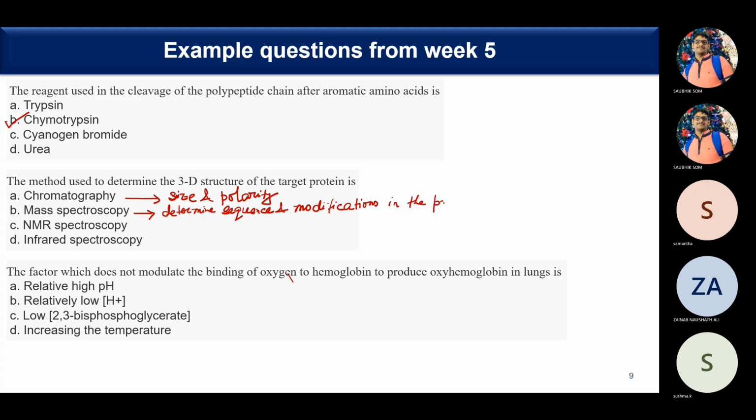As you know, many proteins have a tendency to be phosphorylated, methylated, ubiquitinated. These things you can also find with mass spectroscopy. With this we can determine the structure in soluble phase. Correct?